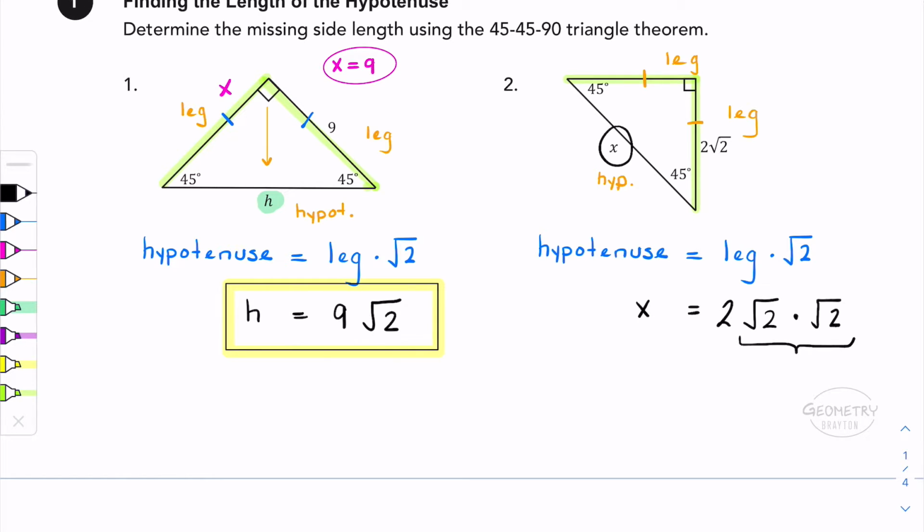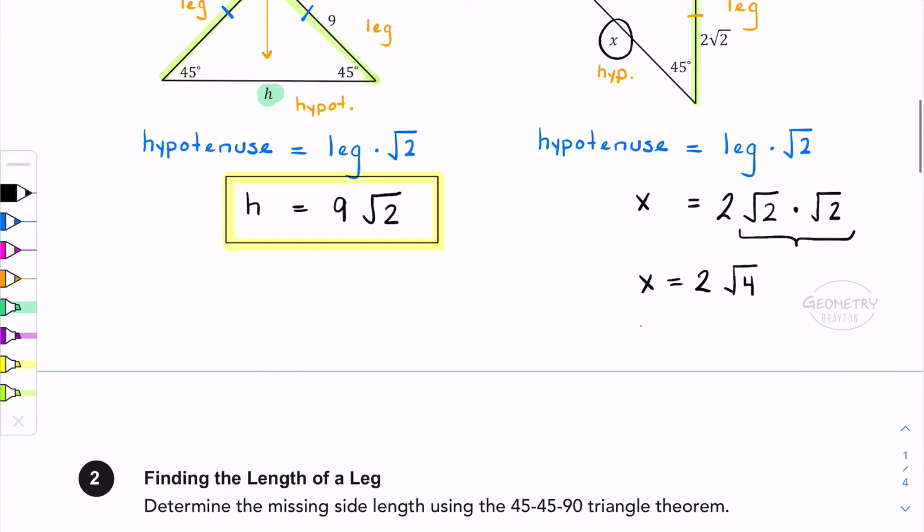Using our square root properties, we know we can multiply those together. x is equal to 2 times the square root of 4. The square root of 4 is 2. x is equal to 2 times 2. Or we could say x equals 4 as our answer.